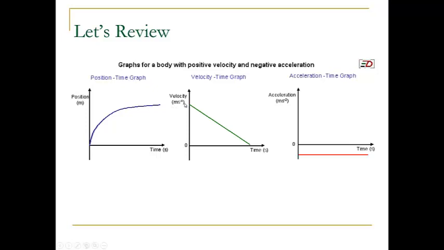That -1 is telling you that it's meters per second. Seconds should be in the denominator. Then if you take the slope of this line, that would tell you your acceleration. Your slope is constant, but it's negative, so that tells you that you have a negative acceleration. Again, look at it. You have a negative acceleration, but you're moving in the positive direction.